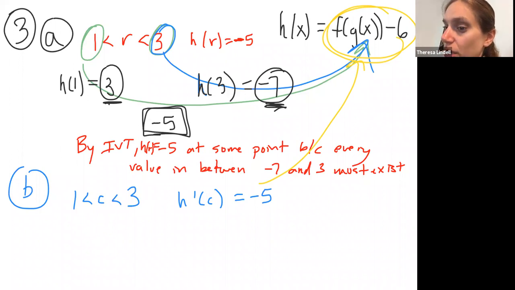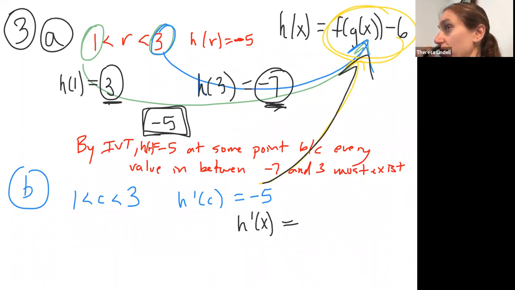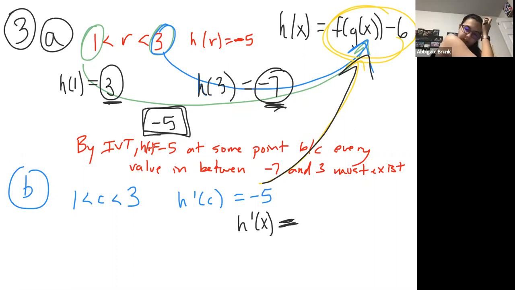So here's the killer question. What is the derivative of H? If I take the derivative of this formula up here, what's the derivative of f of g of x? Because we've done that a lot, but not for a while. Oh, it's got a certain formula to it.